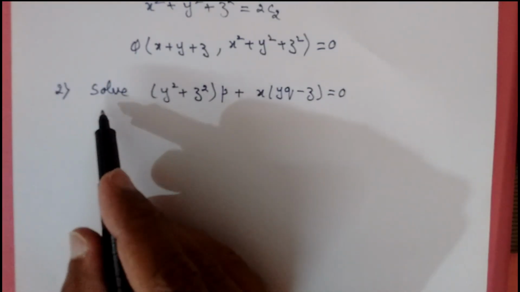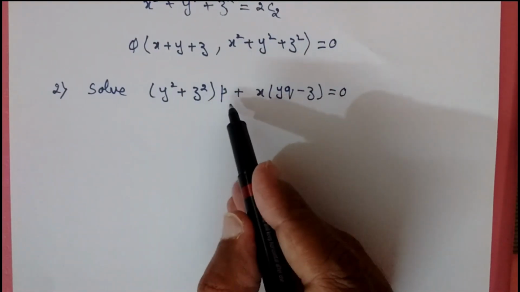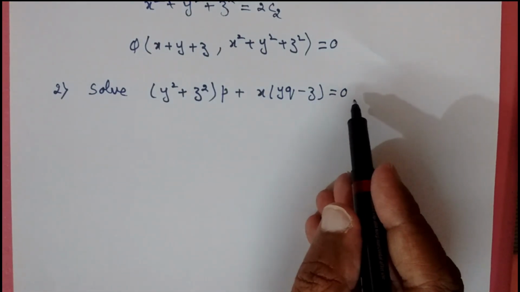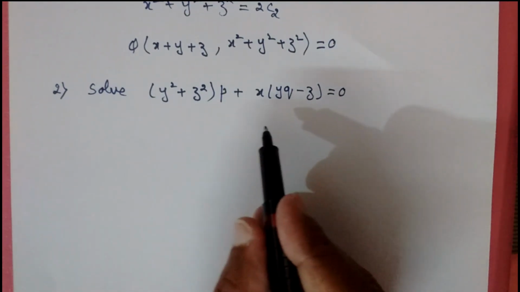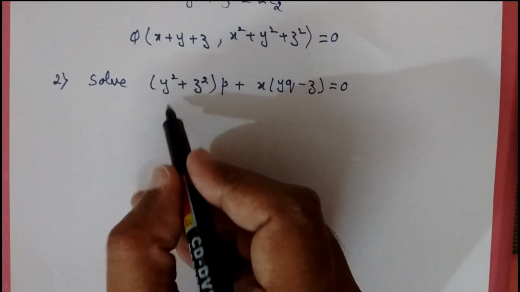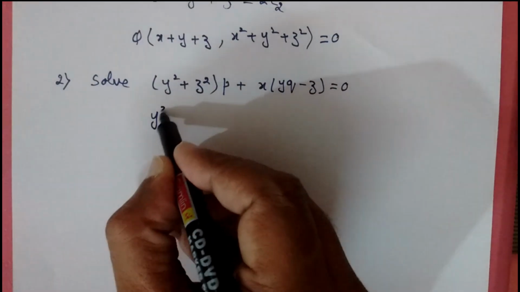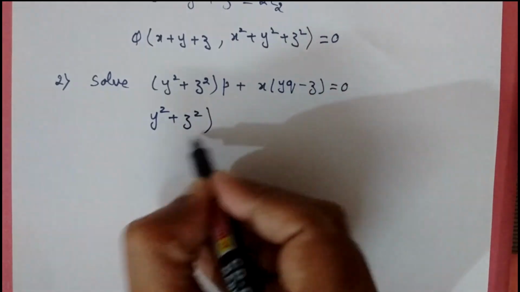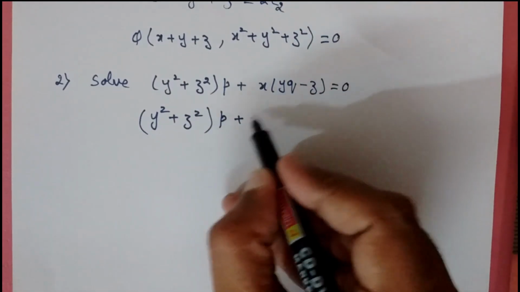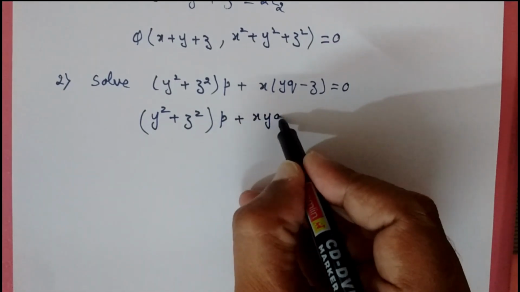Let's take the next question. Solve y square plus z square times of p plus x into y q minus z is equals to 0. But it is not in the Lagrange linear PDE form, so we'll try to simplify this one. y square plus z square times of p plus multiply this x inside, it becomes xy q.